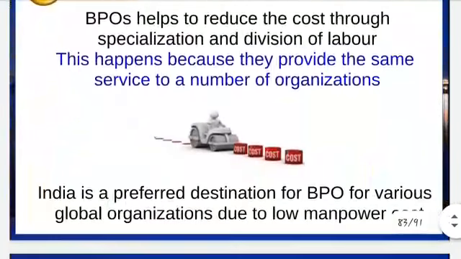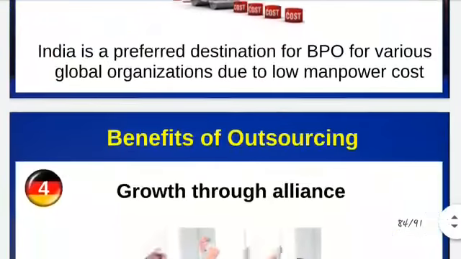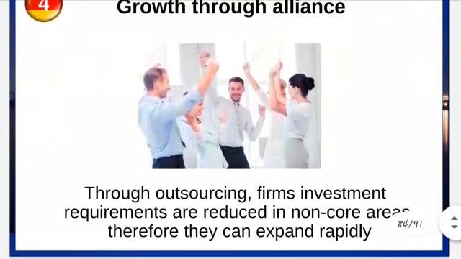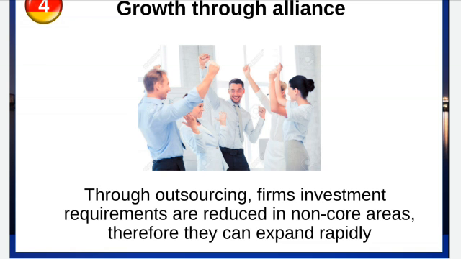Cost reduction through specialization. If somebody is an expert in a particular field, obviously he is not going to waste resources, so that will reduce the cost as well as the time. Growth through alliance: various activities will be done by various other parties who are experts in that, so that will lead to the growth of a business.